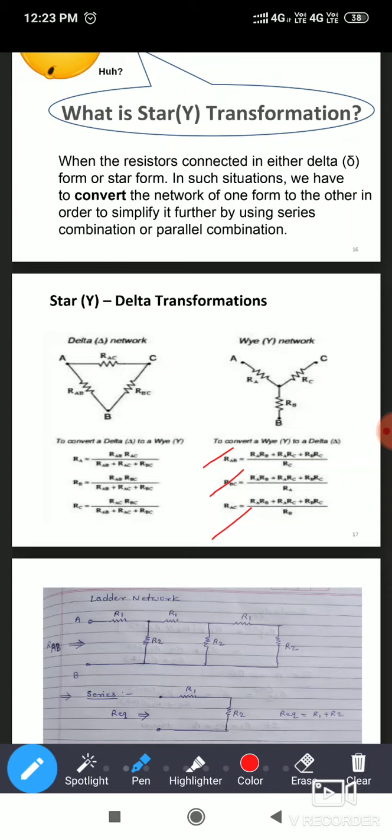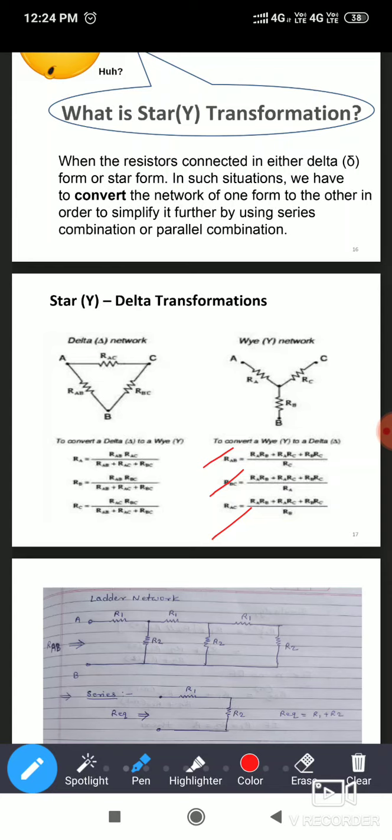So what are the formulas here? RAB is equal to sum of products, that is RA into RB plus RB into RC plus RC into RA, divided by RC. Now next, RBC is equal to the same numerator divided by RA. RAC is equal to the same numerator divided by RB.